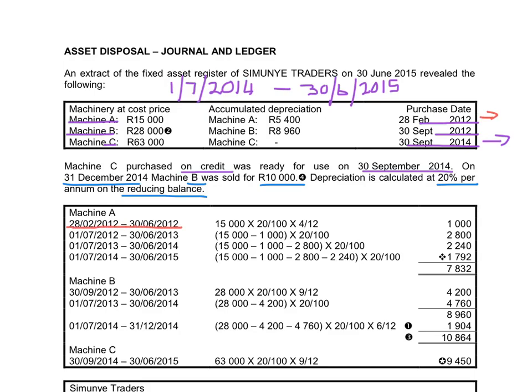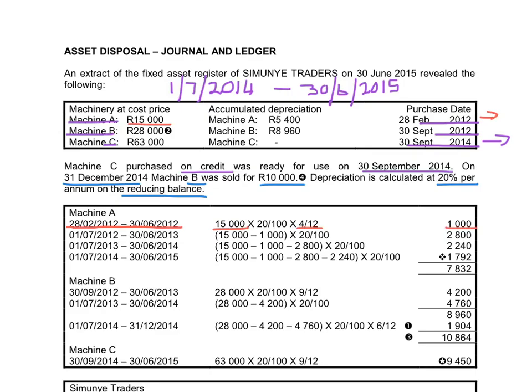We will not write off depreciation in February because we bought the machine on the last day. So we will write off depreciation for March, April, May, June. That means for 4 months. The cost price of machine A was 15,000. So we will write off depreciation at 15,000 for 4 months, and that will give us 1,000 Rand.